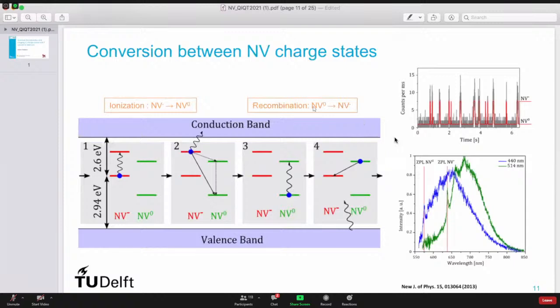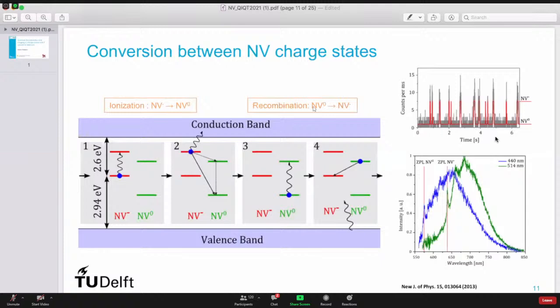So in this paper, they have shown that if you keep on monitoring the fluorescence, one can see that the fluorescence is sometimes high, sometimes low. They refer to the dark state as NV0, and the high fluorescence state as the NV minus state.